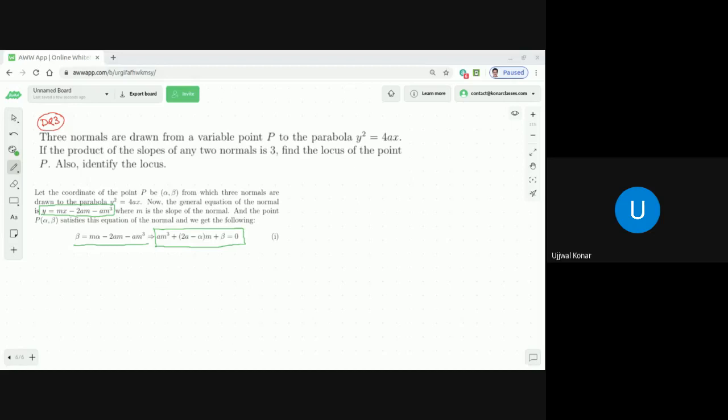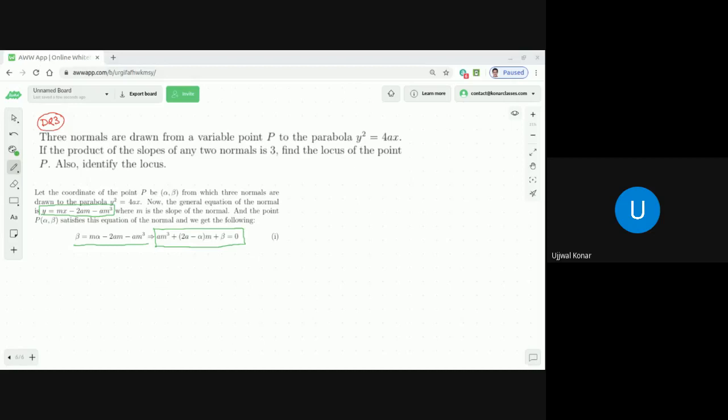Now, there are 3 roots m1, m2, m3, which will be the 3 slopes of the normals. From the theory of equations point of view, we can assume that m1, m2, m3 are the slopes of the 3 normals.